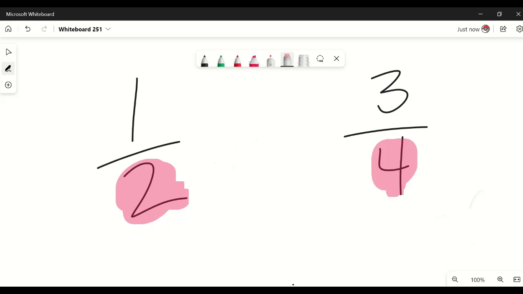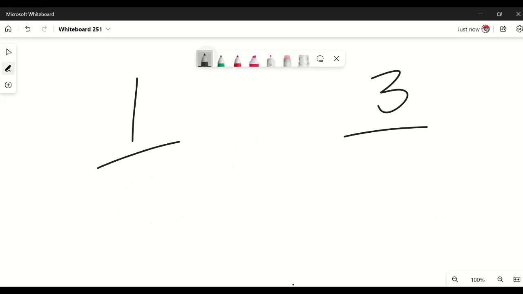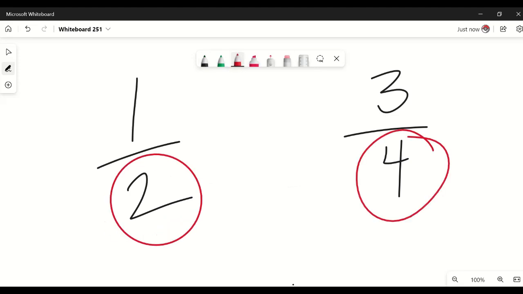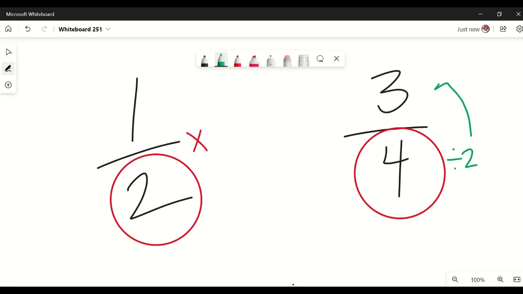However, there's another way of doing this. What we can do is convert one denominator or both denominators to be the same. In this case, we're going to change 1/2 to become a denominator of 4 because technically I could divide 4 by 2, but because that 3 is in the numerator, I cannot divide it by 2 and simplify it down any more than it already is.